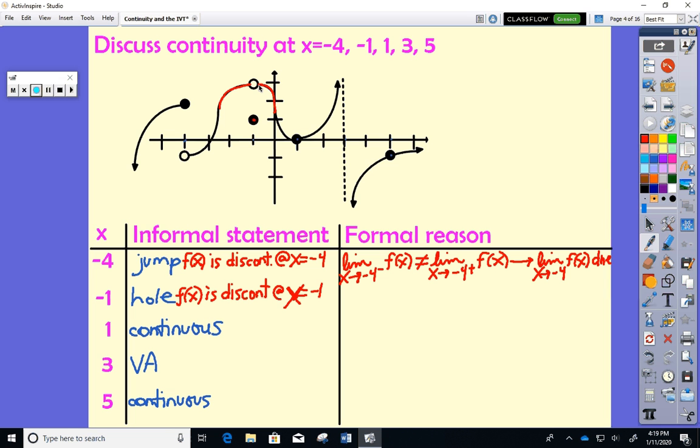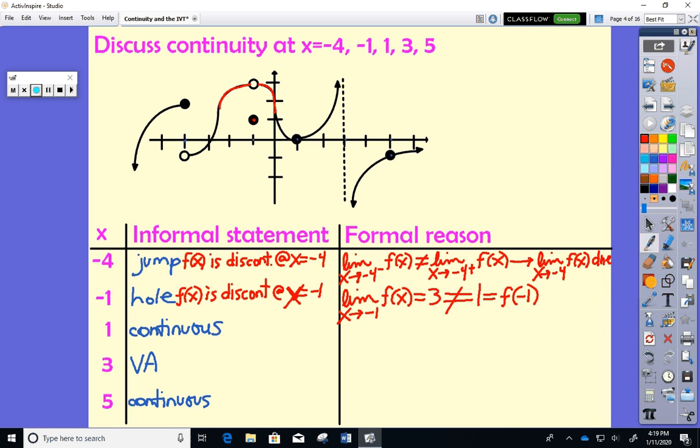So what's the issue? The issue is that the limit value does not equal the function value. So I'm going to say the limit as x goes to -1 of f of x equals 3, but that does not equal 1, which is f of -1.